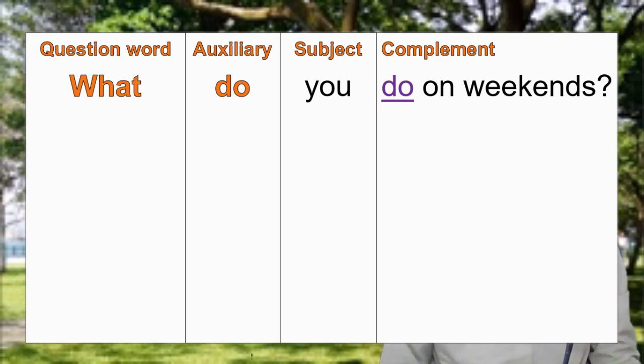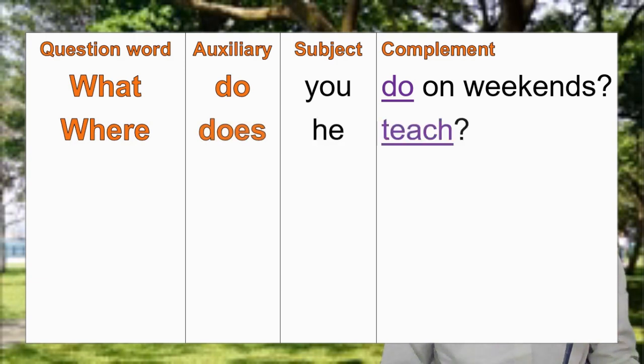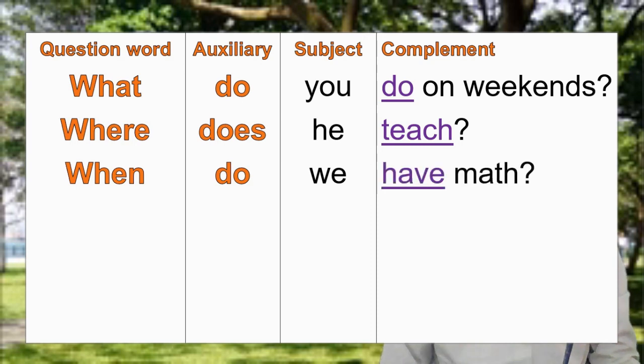Remember, the verb in simple form. Then we have the question word where, auxiliary does because the subject is he, and the complement. Question word when, auxiliary do because the subject is we, the complement with the verb in simple form.